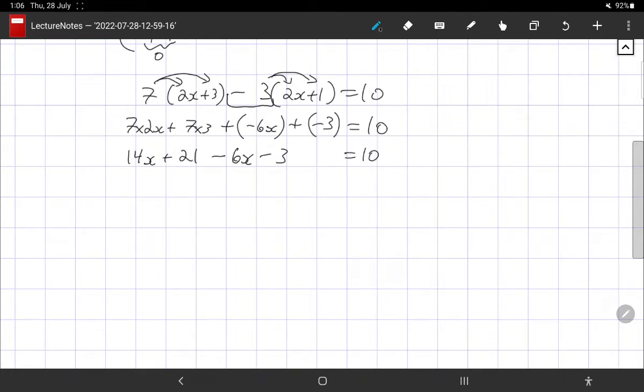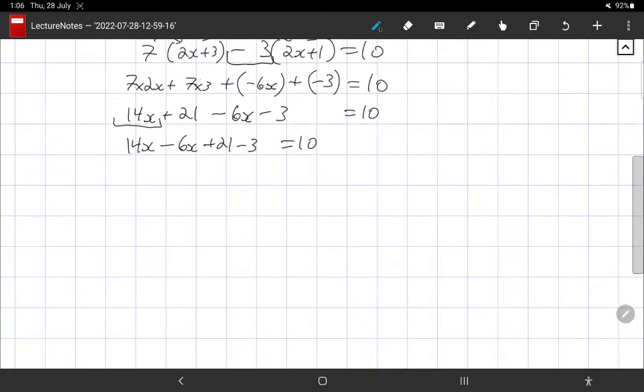Let's group like values together. 14x, and we take, so 14 has a positive in front of it, but it's hidden. 6 has a minus in front of it, so we have negative 6x plus 21, take 3 equals 10. We're just making this easier to work with. 14x takes 6x.